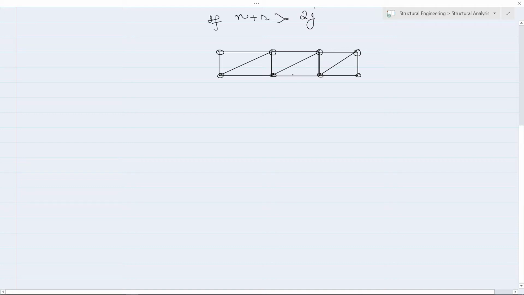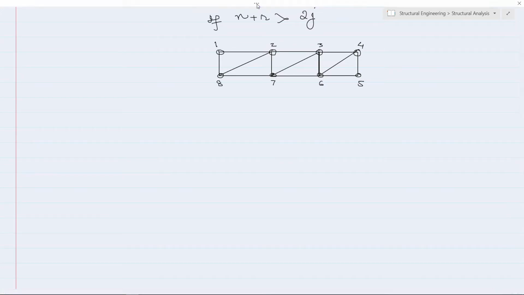So in this particular case, how many nodes are we talking about? 1, 2, 3, 4, 5, 6, 7 and 8.